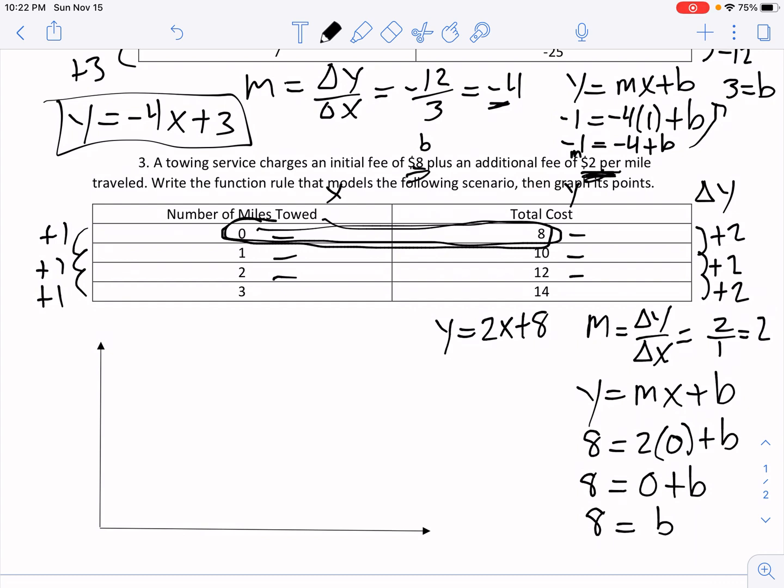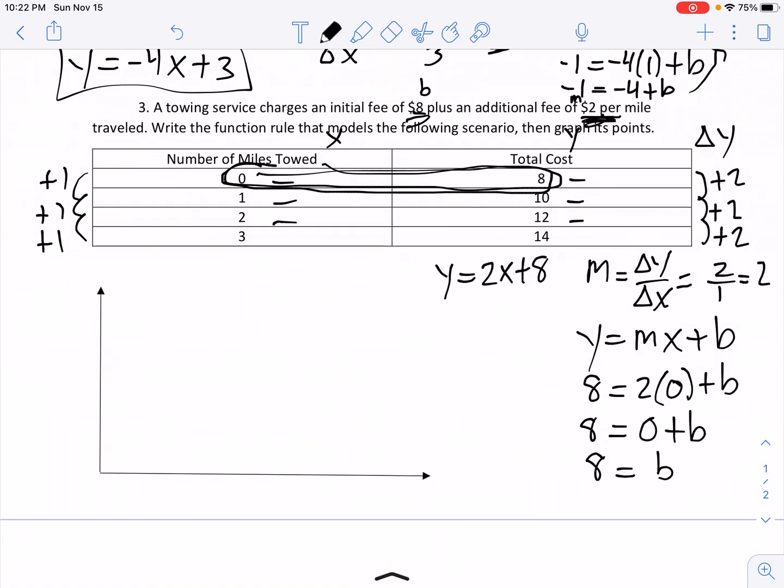Now, what they want us to do is graph our points to show how things changed over time. So x is our number of miles towed, so let's label our axis number of miles towed. And our y is going to be our total cost.